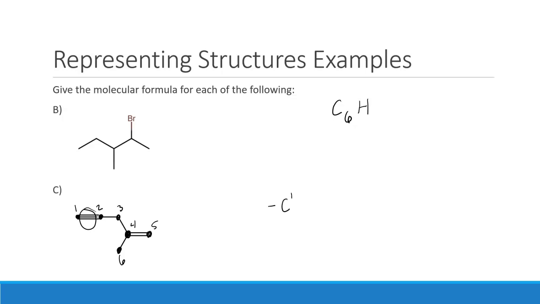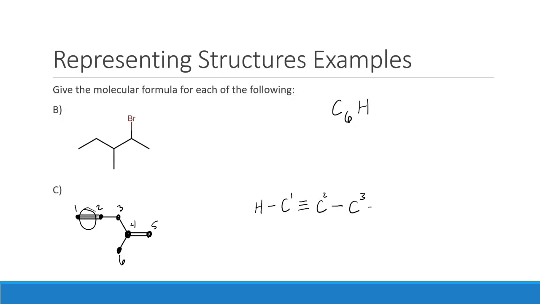So carbon number 1 only needs a single hydrogen on the other end. And then for carbon number 2, notice how it already has 3 bonds to the left from the triple bond, and it has a bond to carbon number 3.